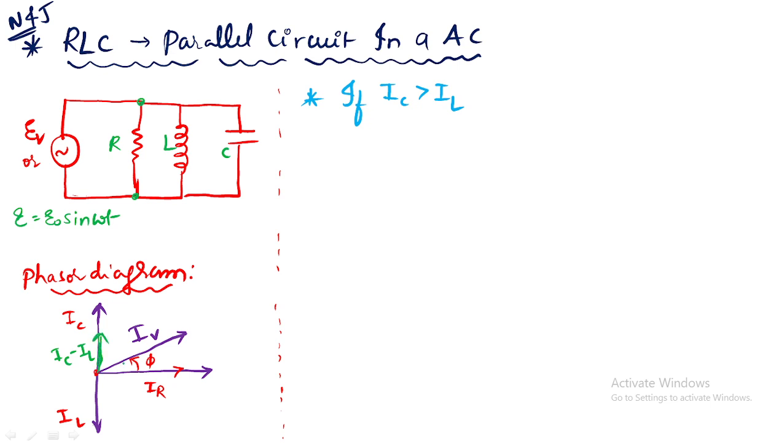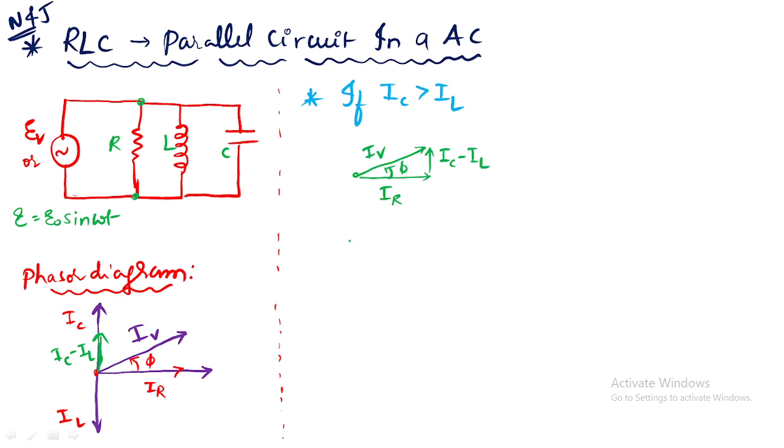Right? Now I will draw the triangle. I will get one triangle, the phasor triangle. It has the virtual value I_V, the resistance current I_R, and this side is I_C minus I_L. What is this angle here?